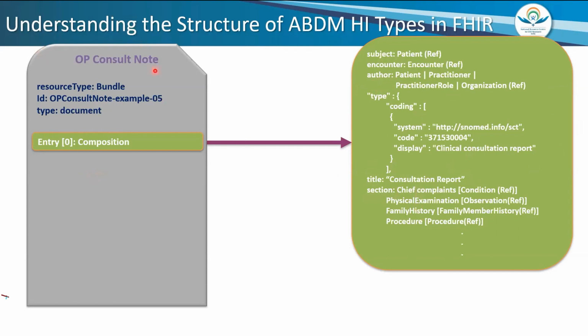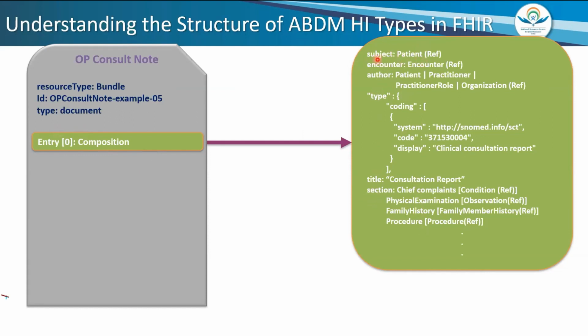So OP consult note is a document of type consult report, and these are the sections which are there. Now every element, these represent the subject, encounter, author, type. These are the elements of the composition. When you see a composition resource, you will find these elements, and an element will refer to further FHIR resources.